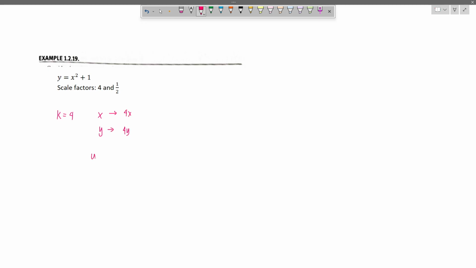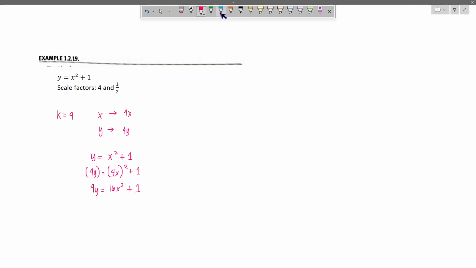So y equals x squared plus 1 will become, y will become 4y, x will become 4x, and then it will become squared plus 1. We can simplify 4y is equal to 4 squared is 16, x squared is x squared plus 1.